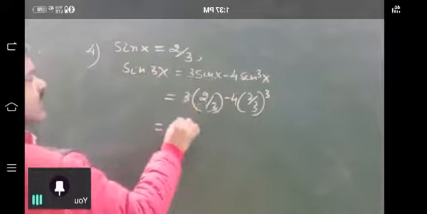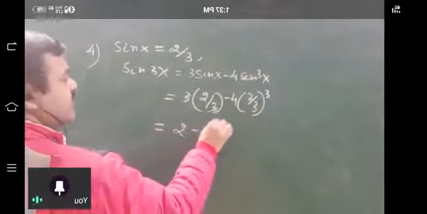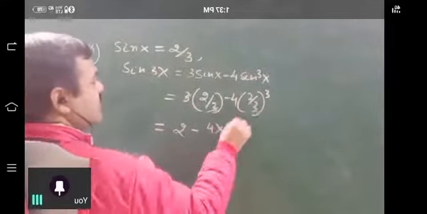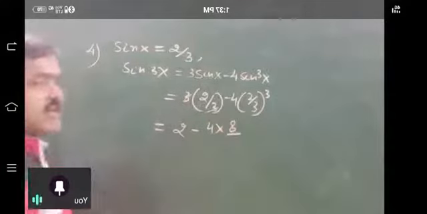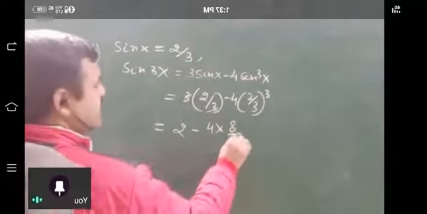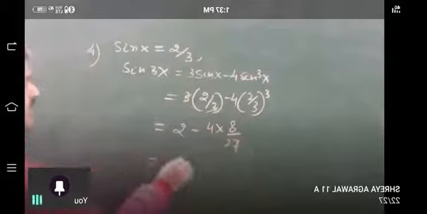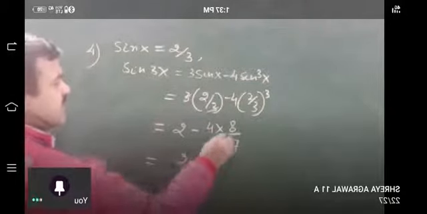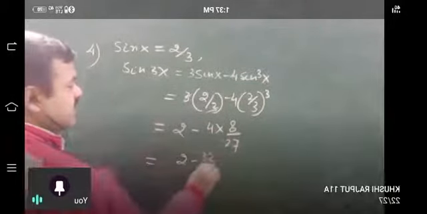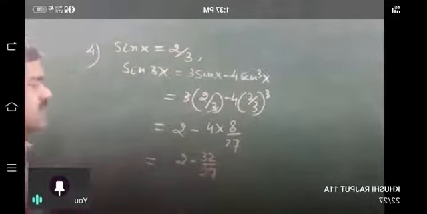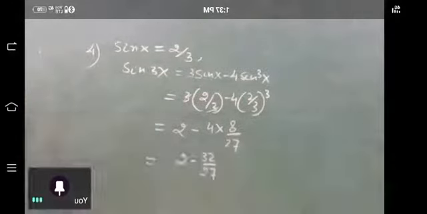3 and 3 cancel out, so 2 minus 4 into 2 cubed is 8, 3 cubed is 27. So this is equal to 2 minus 32 divided by 27. Right?